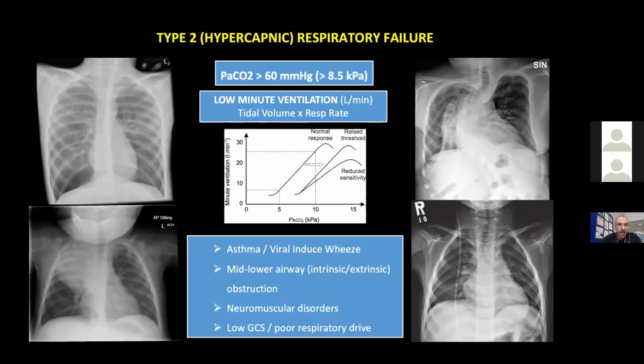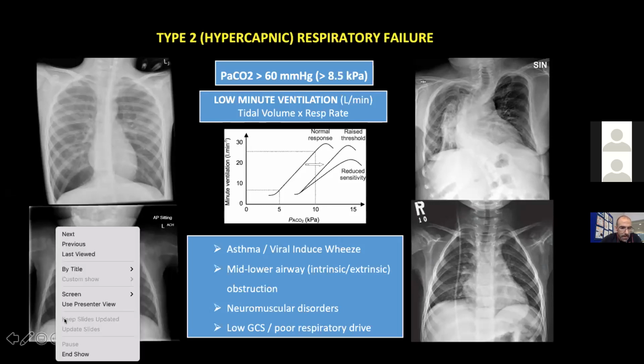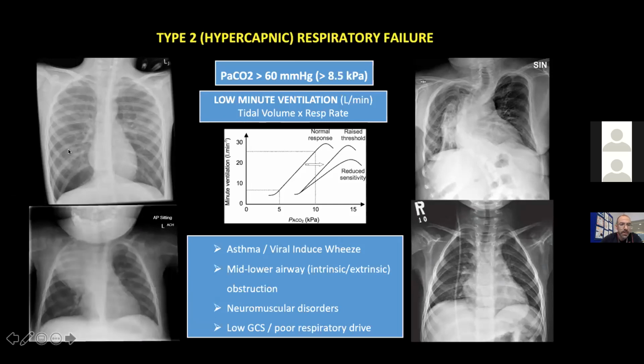And these are the X-rays that you can see in these conditions. On the first one, on the left-hand side, let me put the laser because it might be better. I don't know how to put the laser, sorry.